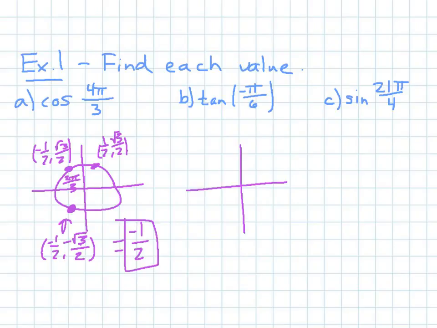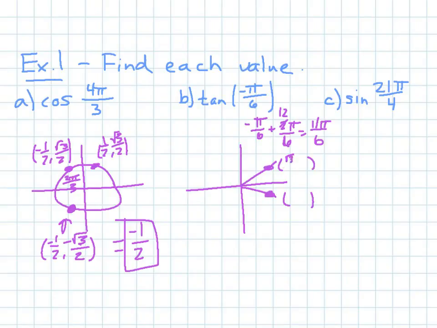For tangent, it's negative pi over 6, so that would be in the fourth quadrant if I added 2 pi to this to make it in between 0 and 2 pi. That would give me 11 pi over 6, so it's the same thing, which is right there. Remember, that is the 30, or the pi over 6 of the fourth quadrant.